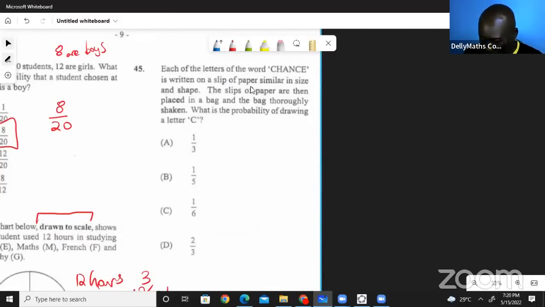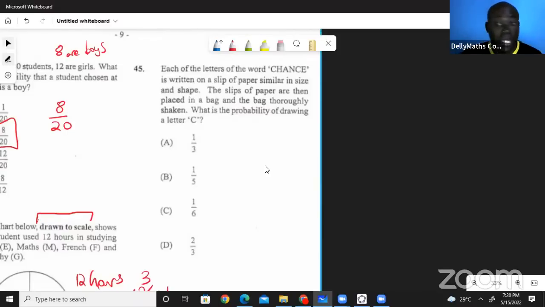All right, let me read, because I was looking at something else. Let me read it now. It says, each of the letters of the word chance is written on a slip of paper, similar in size and shape. The slips of papers are then placed in a bag and the bag thoroughly shaken. What is the probability of drawing the letter C?